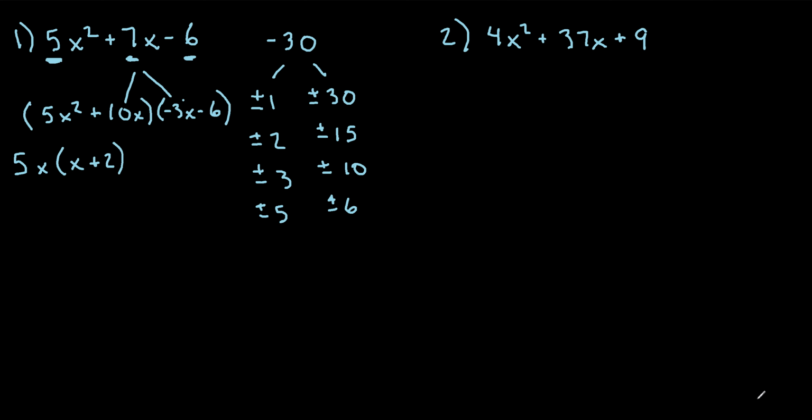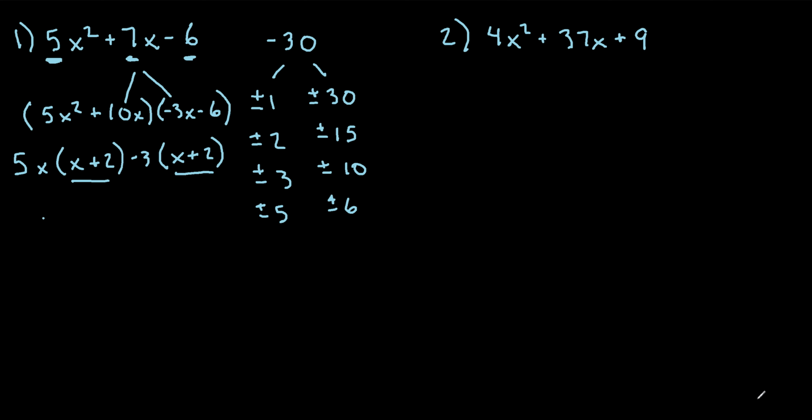And then in this parentheses, the greatest common factor that we can pull out looks like it's a negative 3. So we would be left with x, and this would be a plus 2. So if we do this correctly, these two parentheses will be the exact same, and we can see that they are.